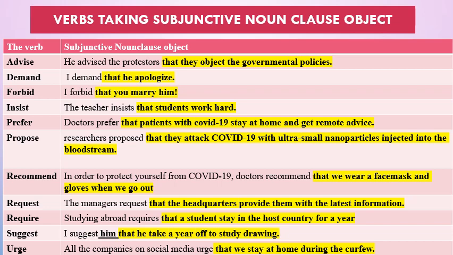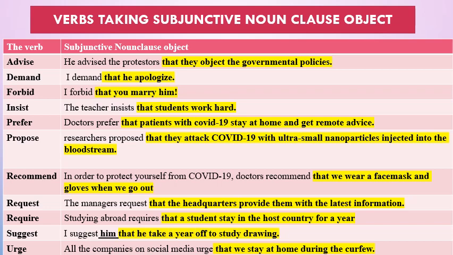You see there are more verbs, however, the focus in this chapter is on this list of verbs. And you see here I exemplified with a sentence for each verb. And the highlighted part in each sentence is the noun clause.